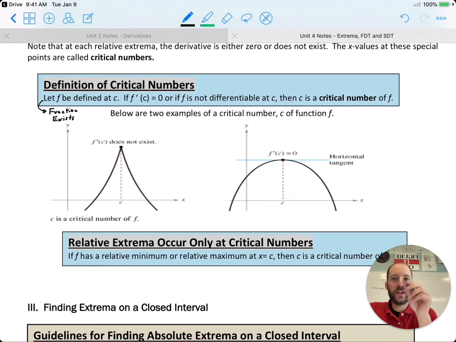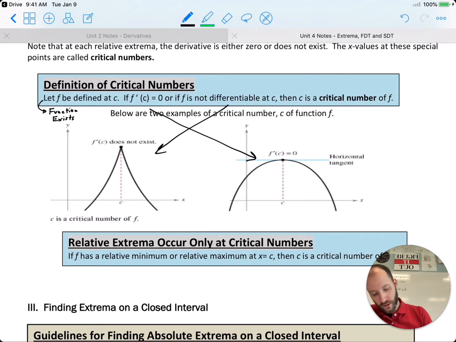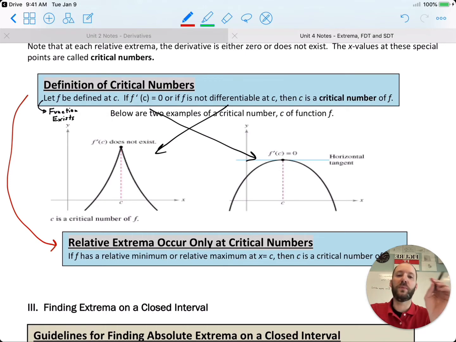If the derivative at c equals 0, or f is not differentiable, so critical number, or the derivative is 0, or not differentiable, one of those two, then c is a critical number, alright? And if it's a critical number, it could be a relative extrema.